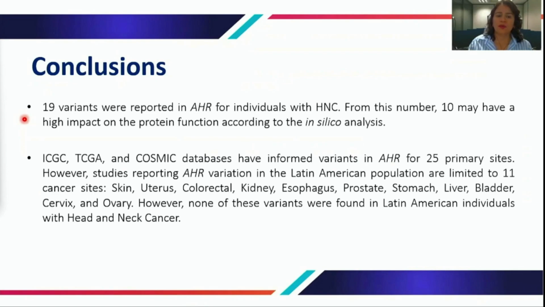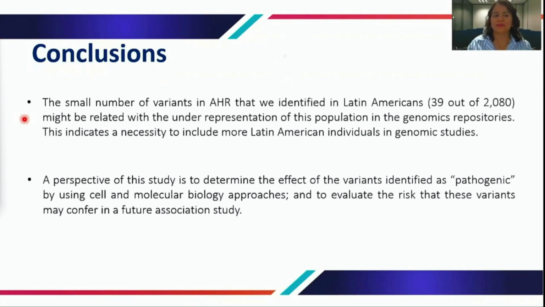However, studies reporting AHR variations in the Latin American population are limited to 11 cancer sites: skin, uterus, colorectal, kidney, esophagus, prostate, stomach, liver, bladder, cervix, and ovary. None of these variants were found in Latin American individuals with head and neck cancer.